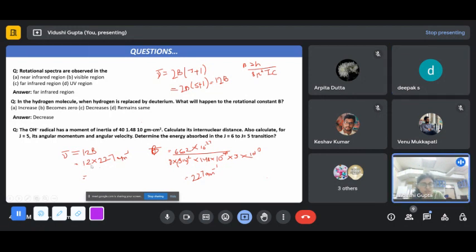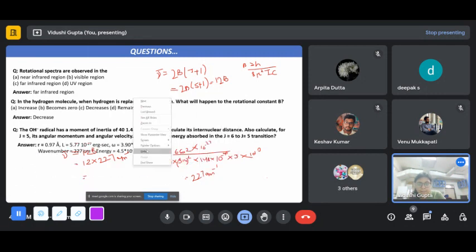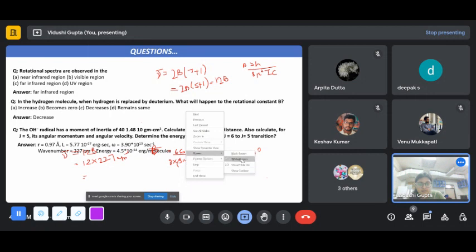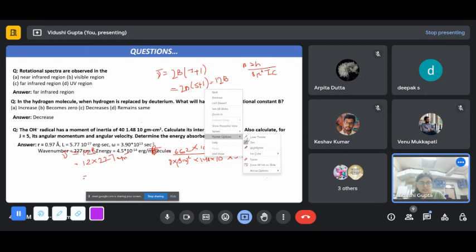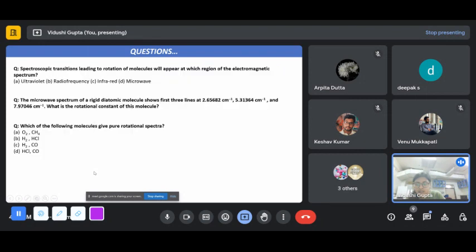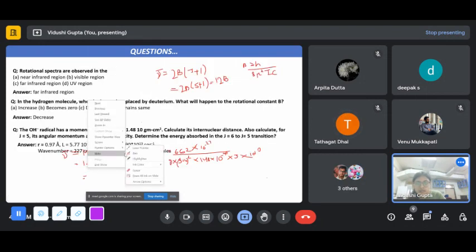What is the value after solving? After solving the value of B and putting it here, the value will be 227.